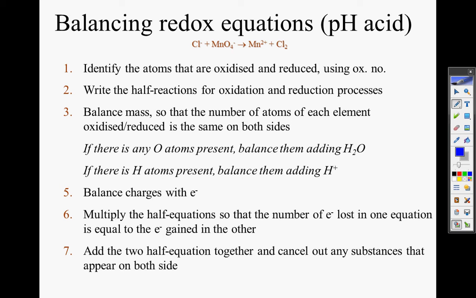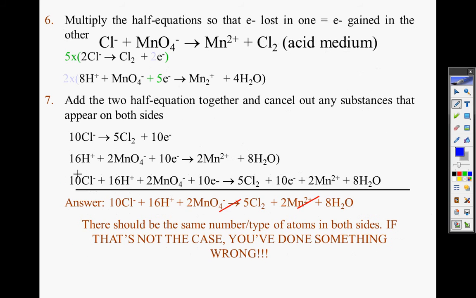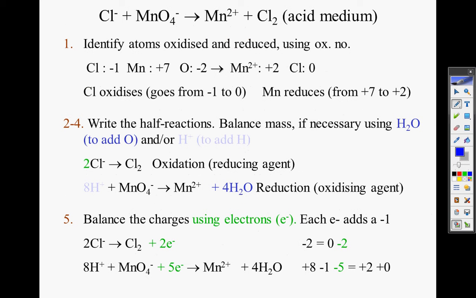If there are any H atoms present, balance them by adding hydrogen. Balance charges with electrons. Multiply the half reactions so that the number of electrons lost in one equation equals those gained in the other. We didn't do step 6 yet, so you know that's coming. Highlight step 6, then add them together and cancel out. All right, so here we go.